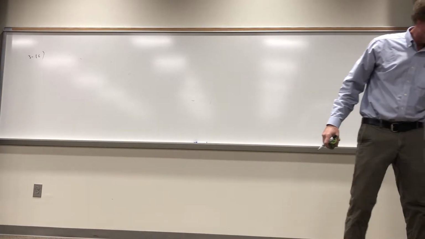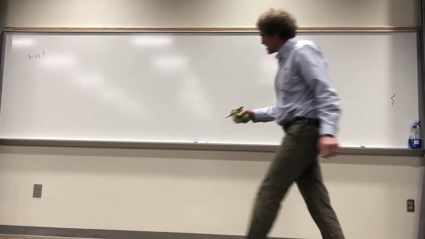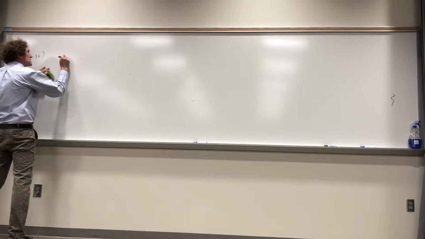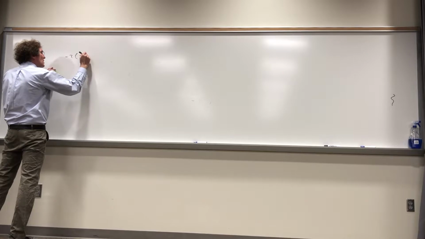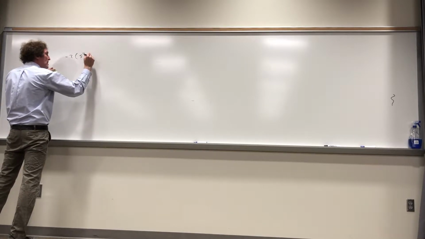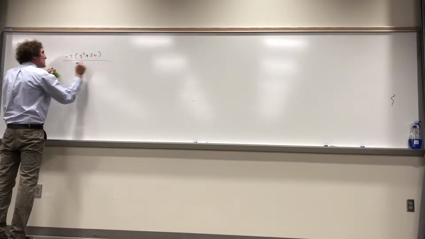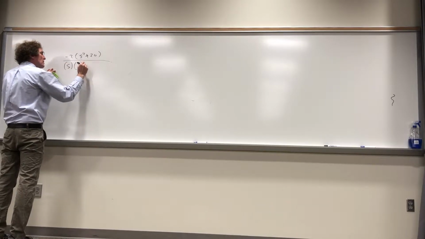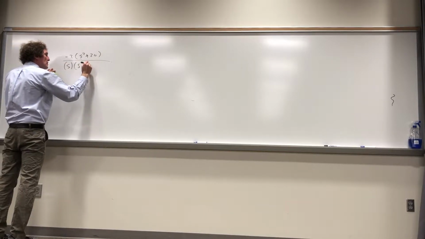Yeah, it's minus 2 times, go ahead, tell me, minus 2 times what? S squared plus 20 over S times S squared plus 8S plus 20.